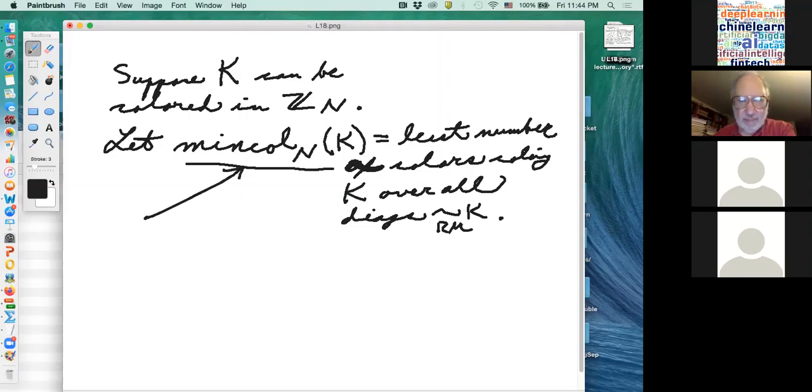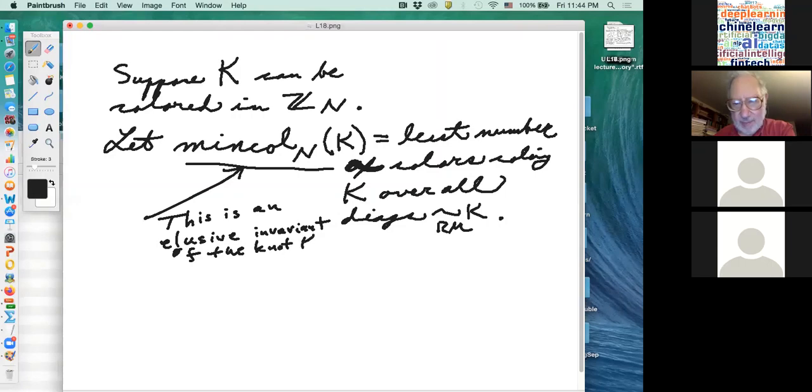This is an elusive invariant of the knot K. Not so easy to figure out what the minimal number of colors would be.